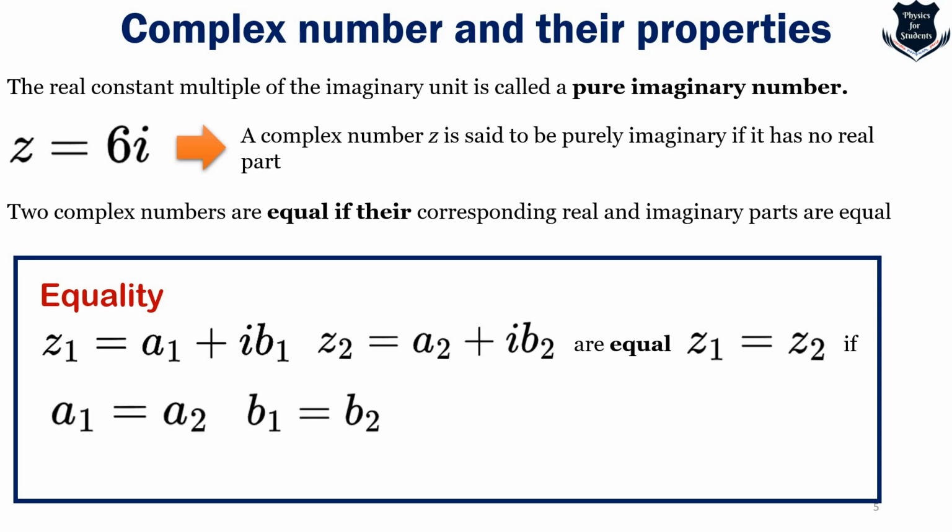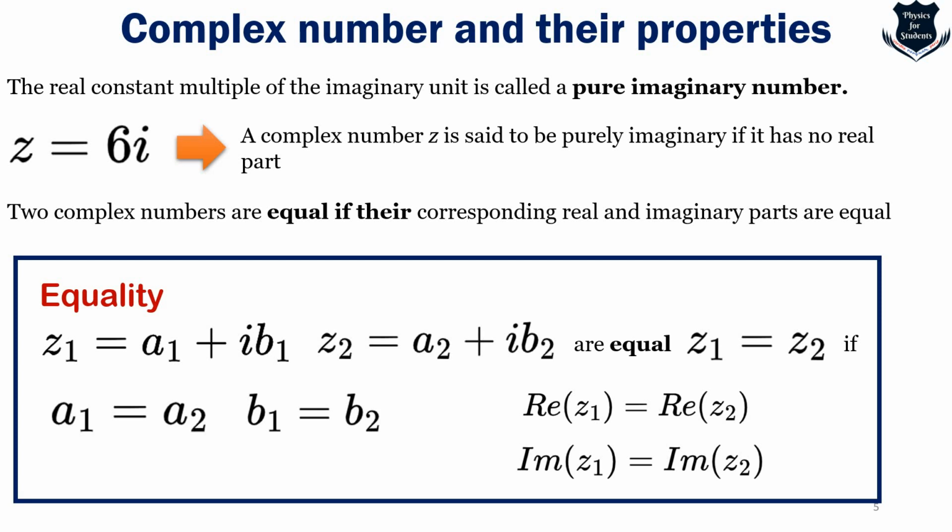That means the real part of z1 is equal to the real part of z2, and the imaginary part of z1 is equal to the imaginary part of z2. This is what is called equality.